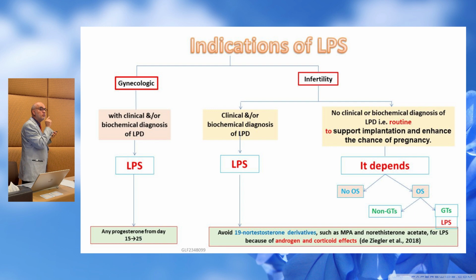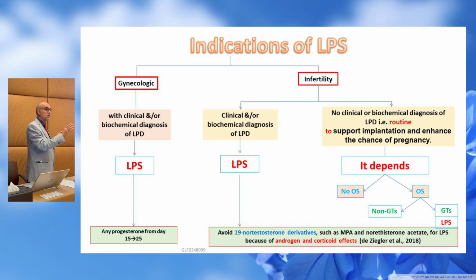But in the whole infertile group, you have to avoid 19-nortestosterone derivatives like norethindrone acetate or medroxyprogesterone acetate. Don't give these drugs to an infertile patient willing to have a baby. Don't give them this type of progesterone because it has an androgenic or corticosteroid effect on the embryo, and this may lead to some congenital anomalies of the embryo if it will occur.